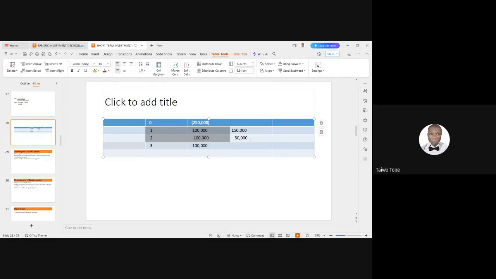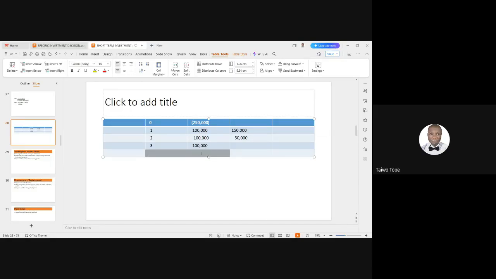You are left with 50. If you want to know the number of months or years it will take to get back this 50, let me use this to explain a case where you don't have a constant cash flow. What will you do? It will be 50 divided by 100.